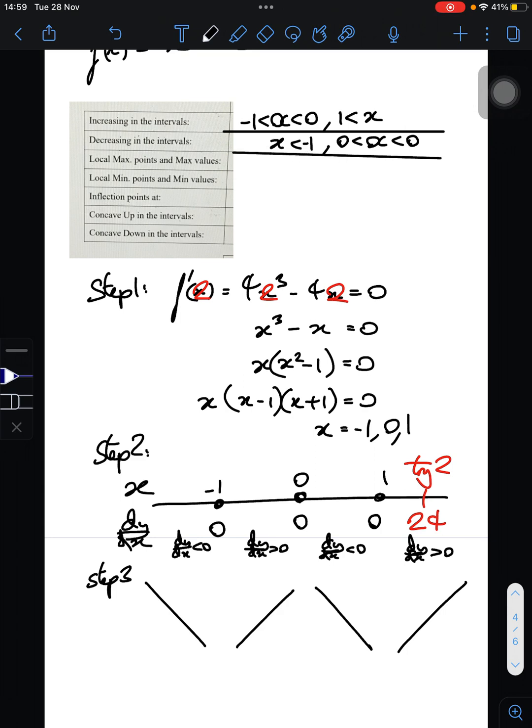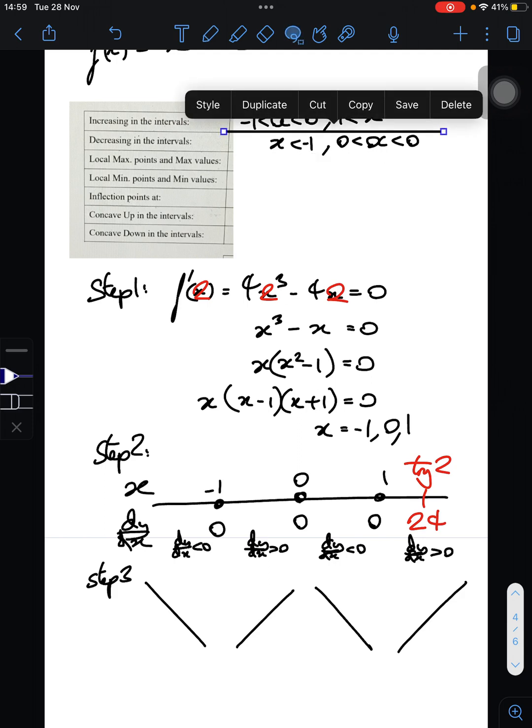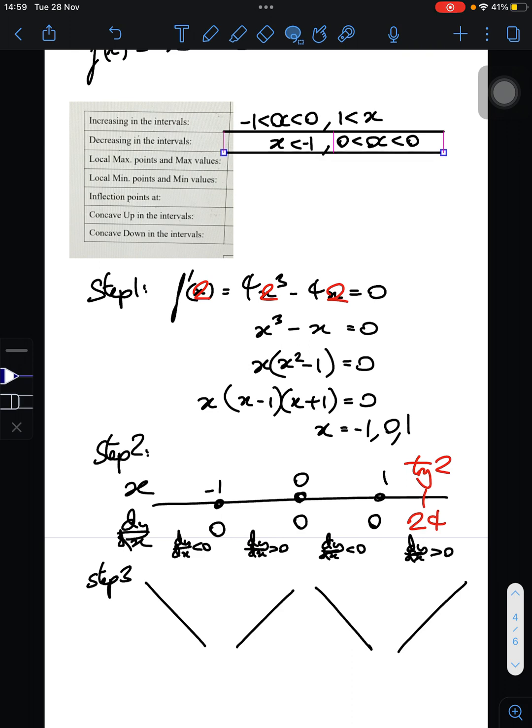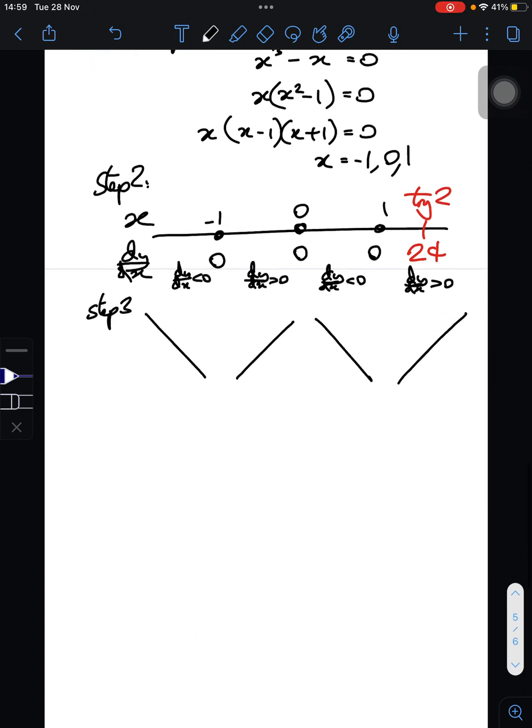So if I have enough space to put them all on, I would prefer to use parallel lines, duplicate. And then let's try to fill this table out here. So increasing, decreasing, increasing, decreasing.